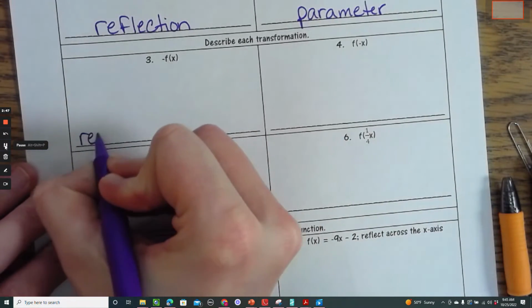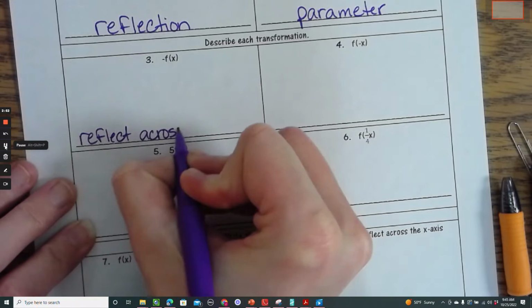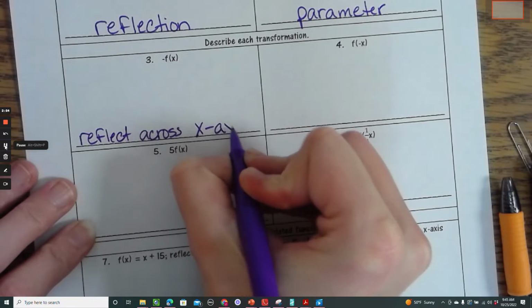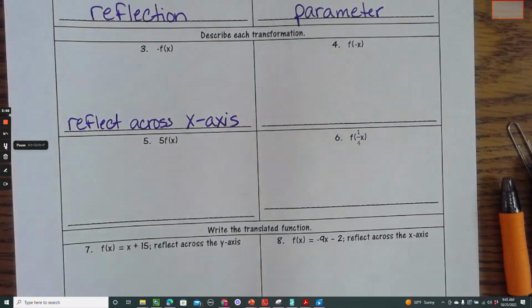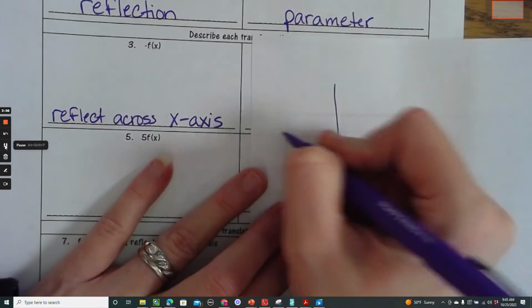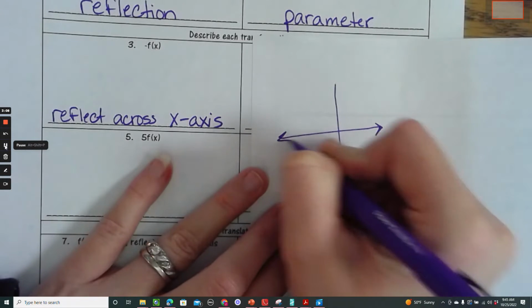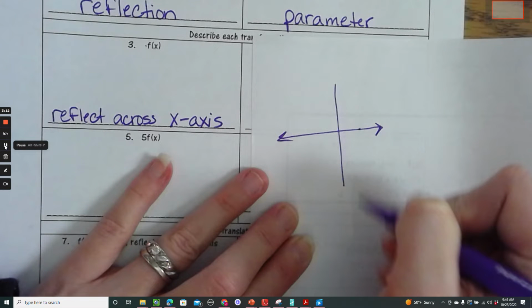So reflect across x-axis. So what that looks like, you need to know what it looks like as well. If I reflect something across the x-axis, this is the x-axis. So I'm flipping it. I'm just going to do a really easy shape.